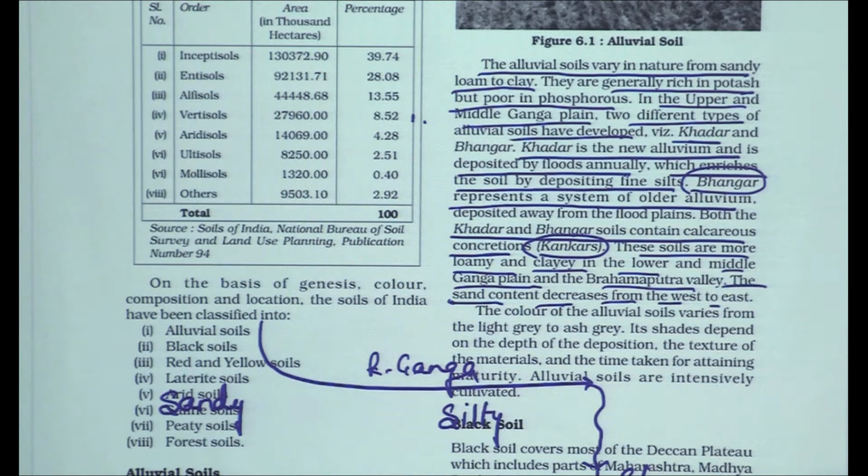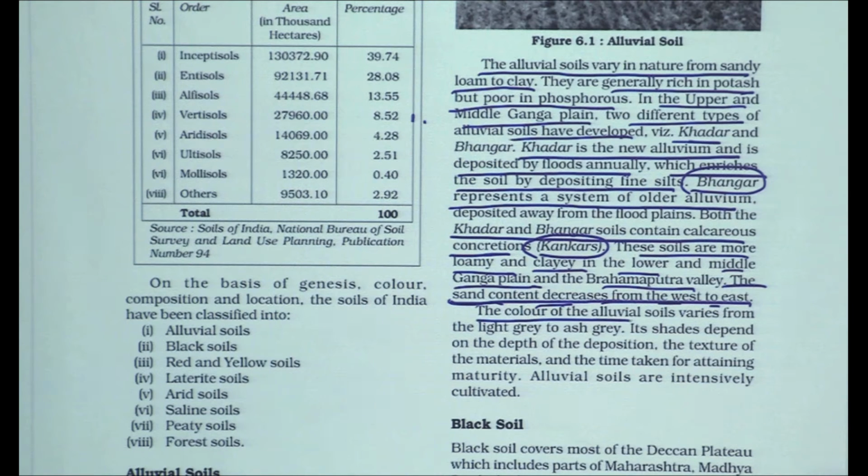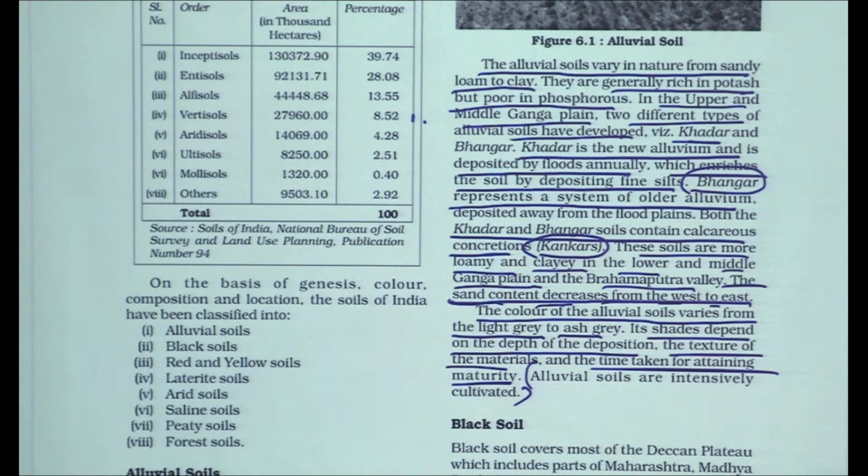Reading, the sand content decreases from west to east. I think it is very clear. Then NCERT reads, the color of alluvial soil varies from light grey to ash grey. Its shades depend on the depth of the deposition, the texture of the material, and the time taken to attain maturity. Alluvial soil is intensively cultivated.